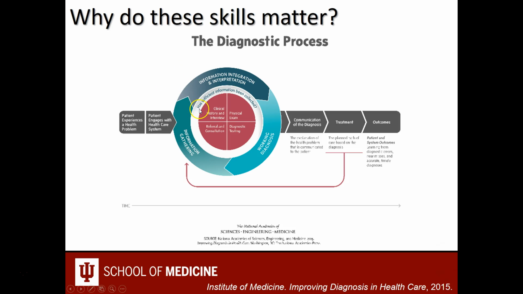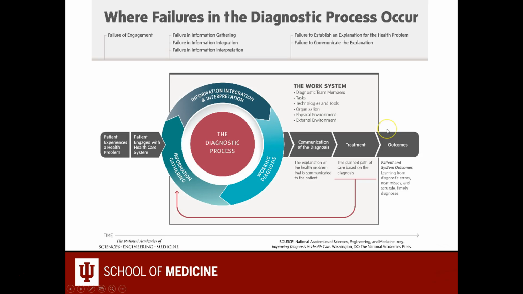The whole time we're asking ourselves, has sufficient information been collected? This process, we hope, will result in the communication of a diagnosis to the patient and their family, treatment of the appropriate and accurate diagnosis, and a successful outcome.